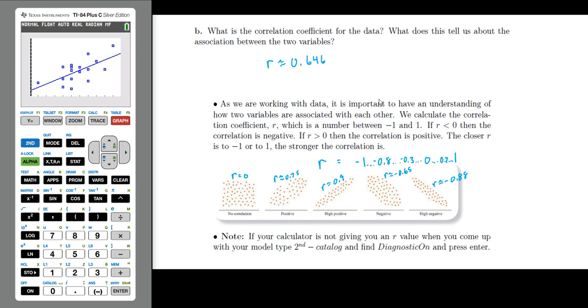So what we would say about this is that there is a positive slope, but I would say it's not a super strong relationship in that the data isn't too tightly held together.